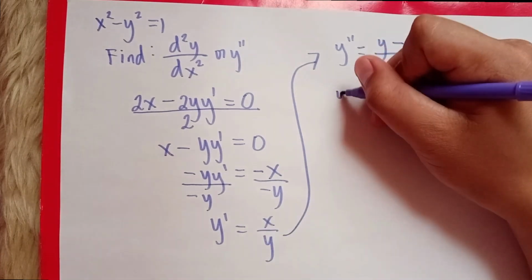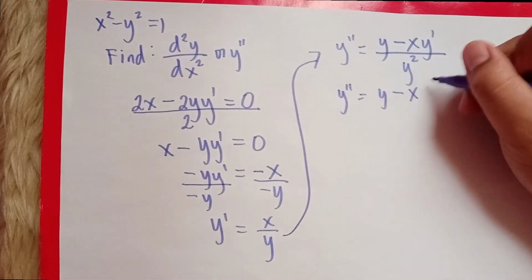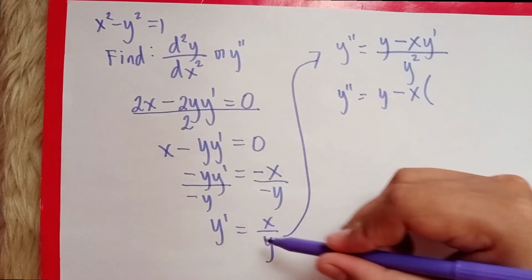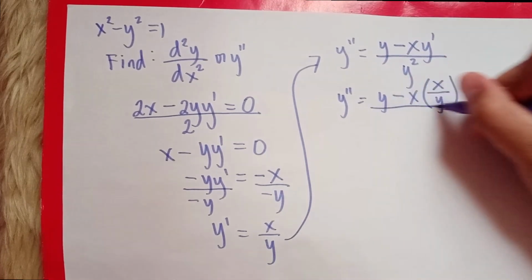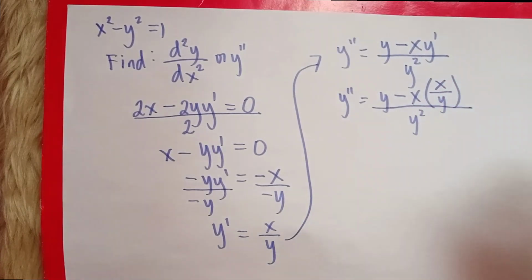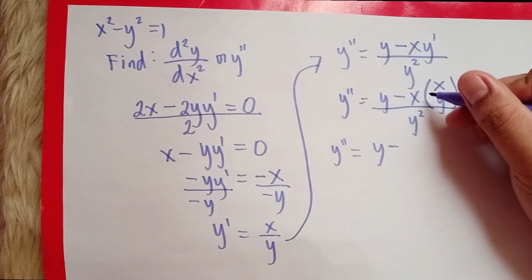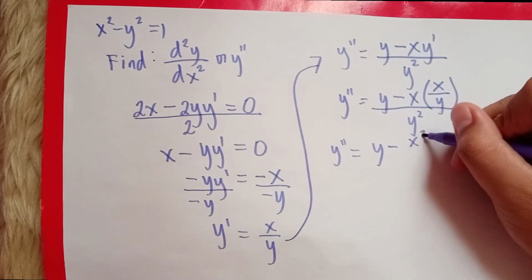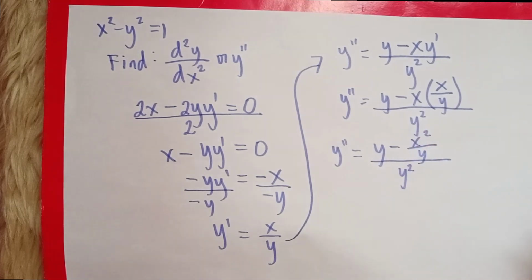Okay? So, you have y double prime equals y minus x times, so, ano yung value ng y prime dito? That is x divided by y, all over y squared. Simplify lang natin mga boss. So, this is y minus x times x is x squared over y, all over y squared.